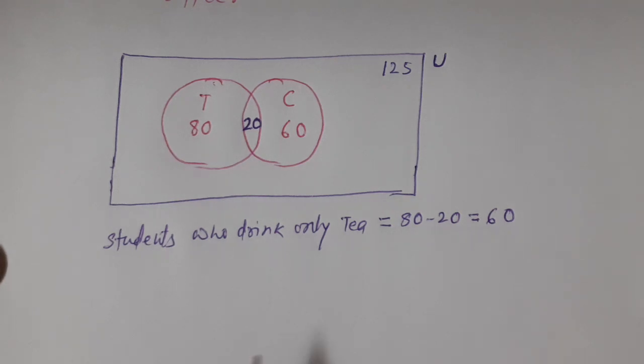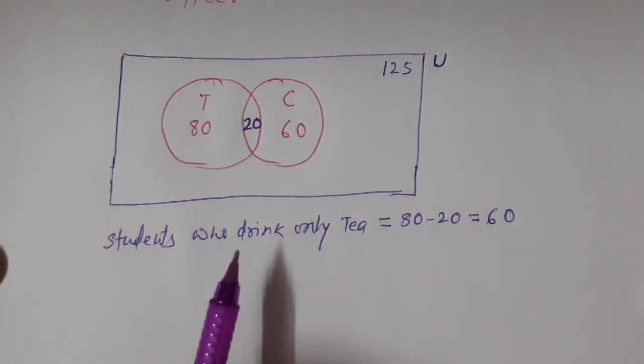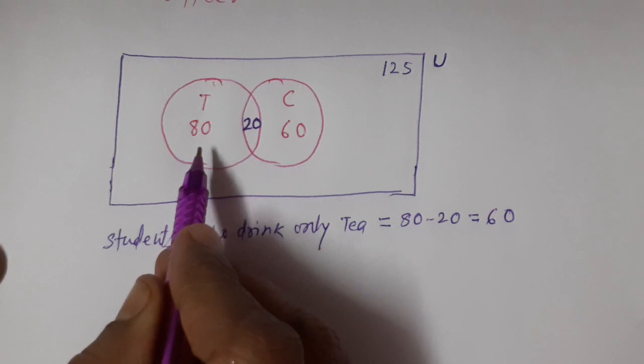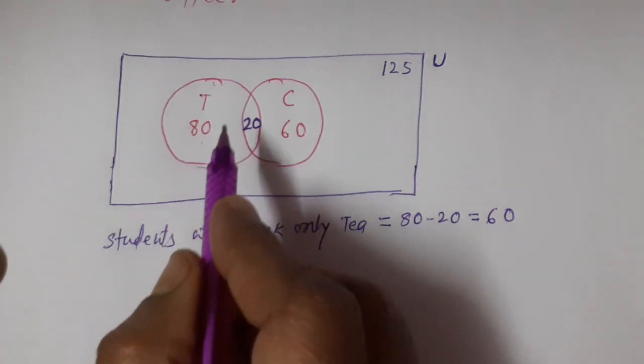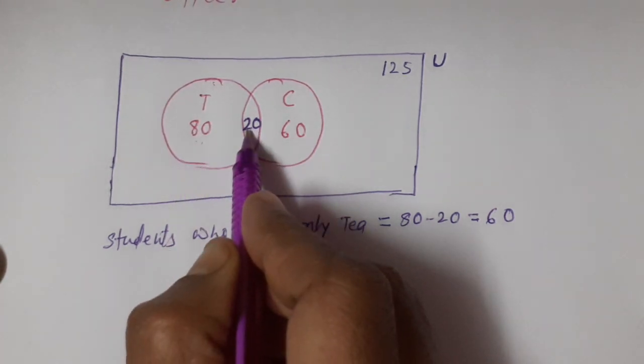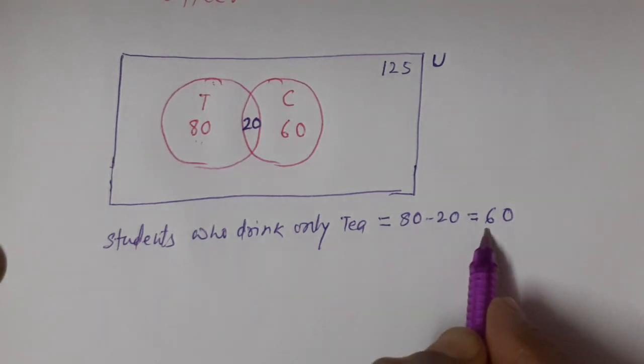So I am calculating this, only they are drinking tea. This is 80 minus 20, it comes out to be 60.